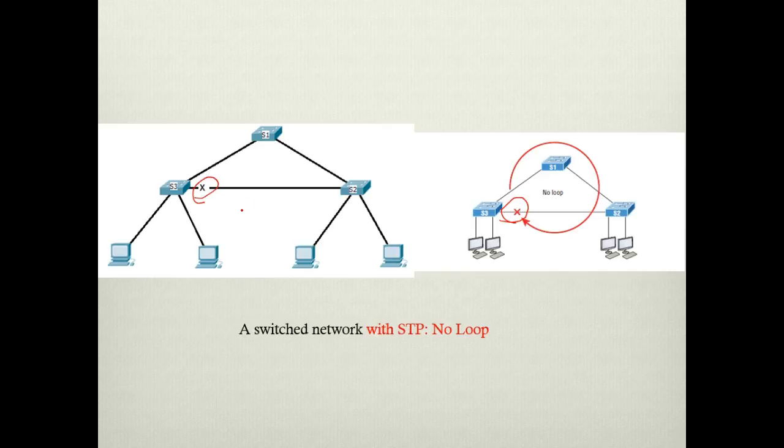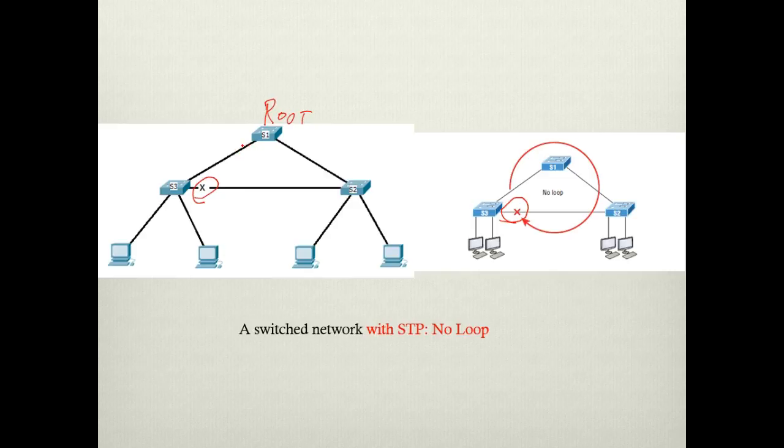What we sometimes need to do is manage which of these is the root bridge, the one that everything's going to go through. If I were guessing, I guess this one is going to be what we would call the root bridge, because it's got everything connected to it.